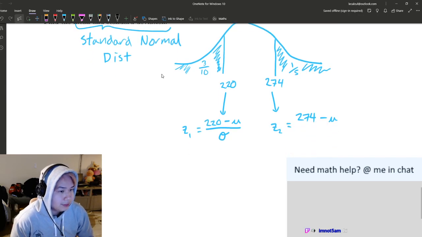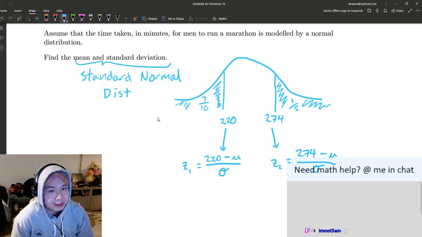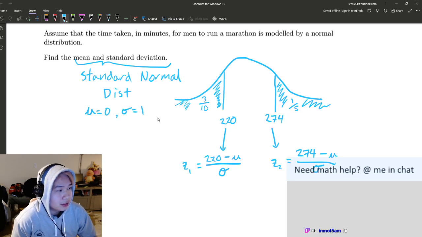This is 274 divided by standard deviation. Okay, when we standardize though, the probability stays the same. But the good thing is when we do standardize, we know that the mean is 0 and the standard distribution is 1.